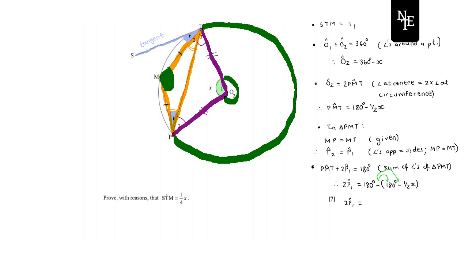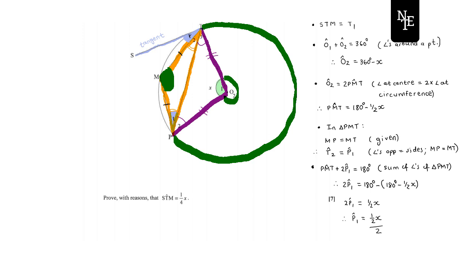So the 180 degrees will cancel each other out, and we can just go straight into writing 1/2 x. Then therefore angle P1 is equal to 1/2 x divided by 2.